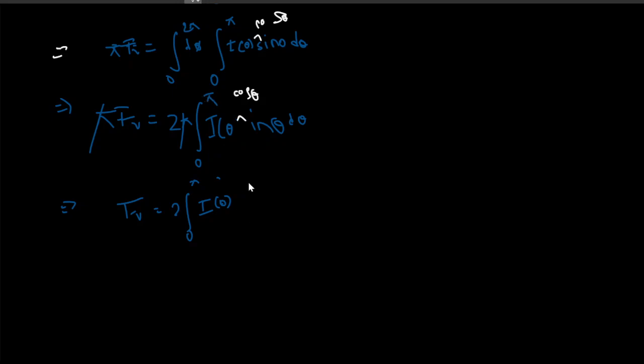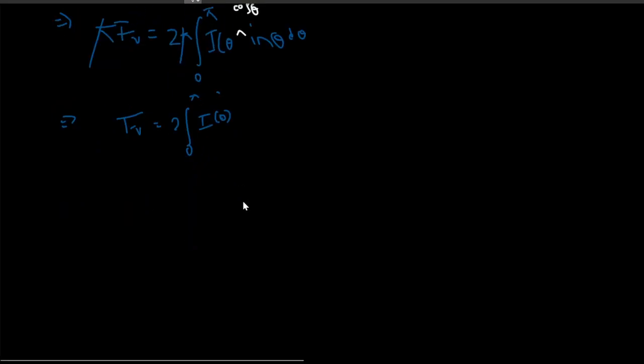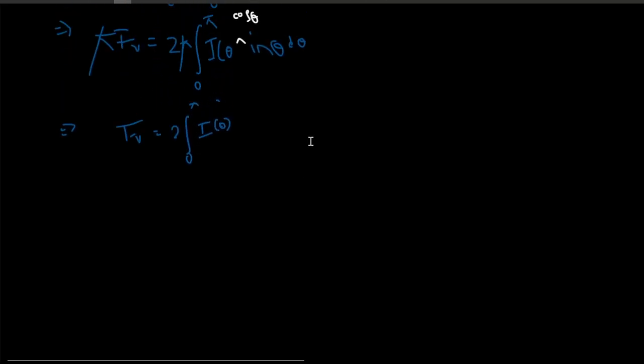So you can write I theta, and here it will be cos theta and sine theta d theta. Okay, so this is how we are going to define the net flux.